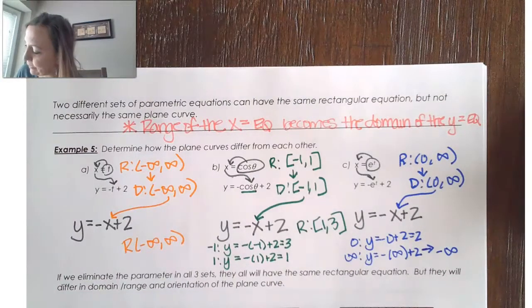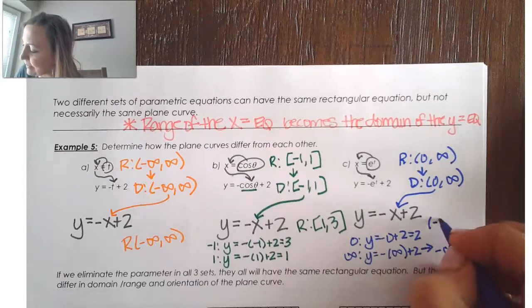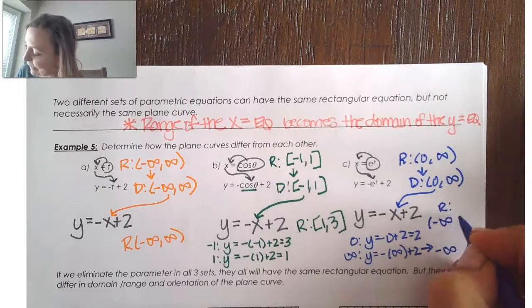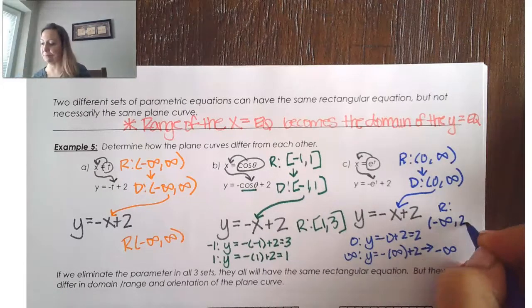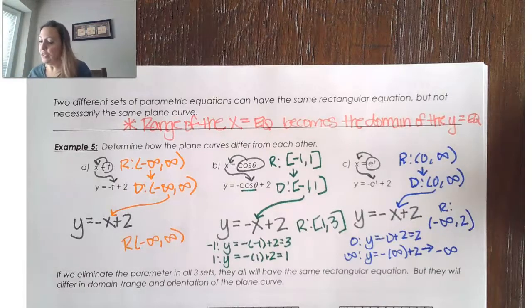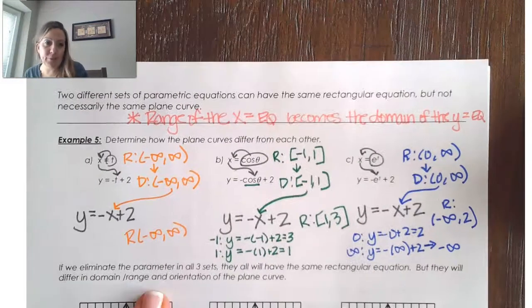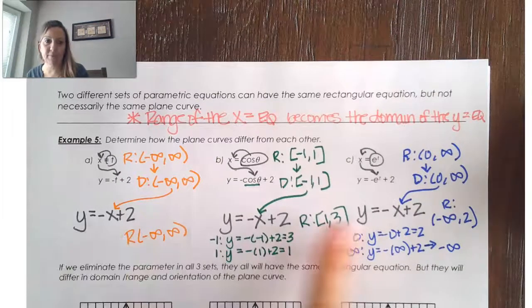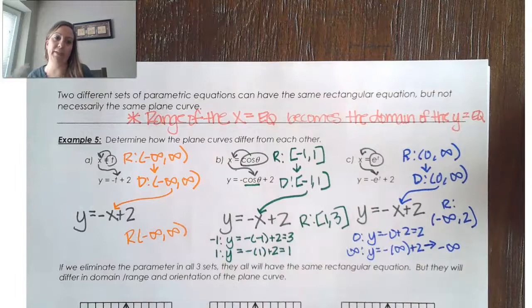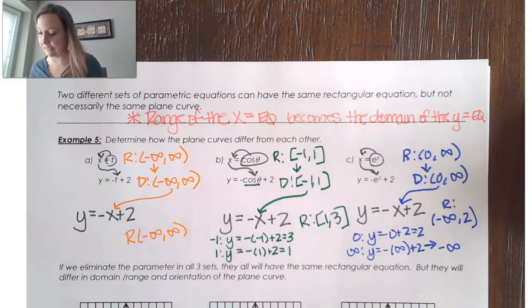And so then if we think about lowest to highest, that means that our range here would be from negative infinity to 2. Okay. So again, if we eliminate the parameter in all three sets, they do have the same rectangular equation, but they're going to differ in the domain and range and the orientation of the plane curve.